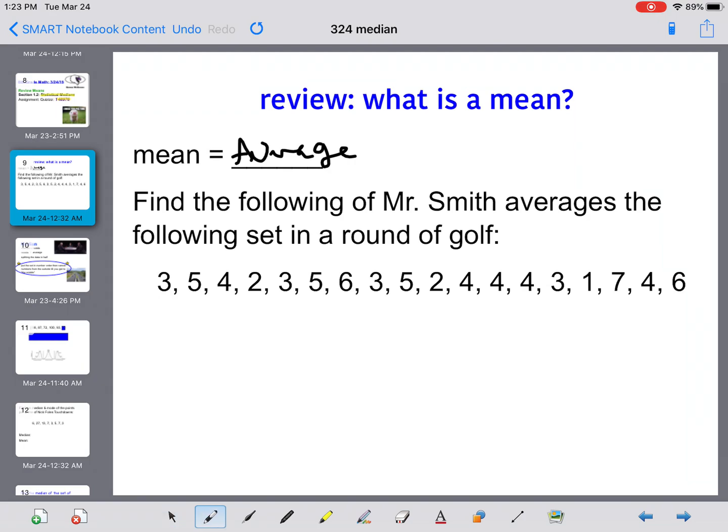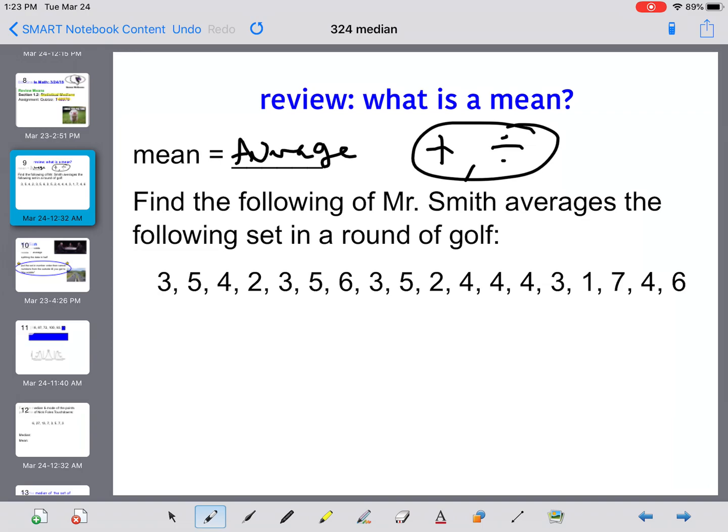And so if we're finding the average, what are the steps? Let's put the steps right here. We have to take every number, add it up, and then what? What operation comes after that? Once we have it all added up, we divide by how many numbers are in the set.